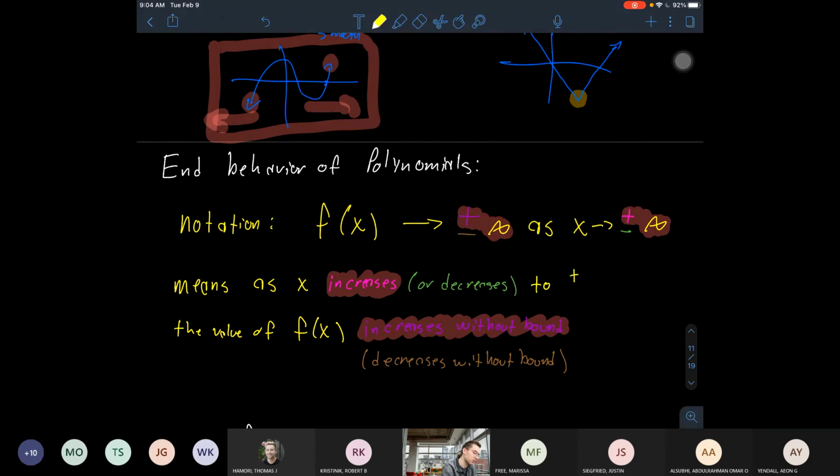And I should write to plus or minus infinity, whichever one is applicable. Okay, so as x goes to infinity, the value of f of x is going to infinity. Okay, that's what we're saying here.